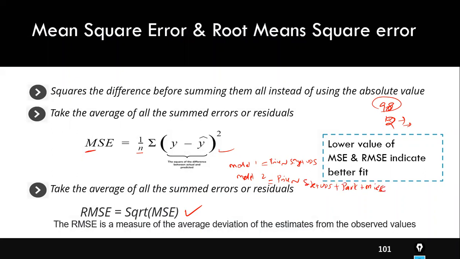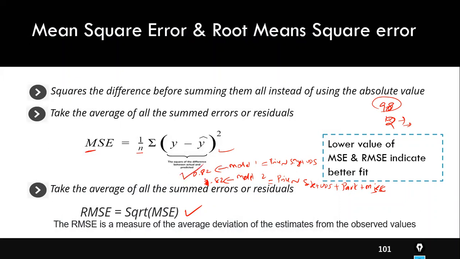If I check the root mean squared error for these two models, here it is 0.82, whereas here the root mean squared error is 1.82.